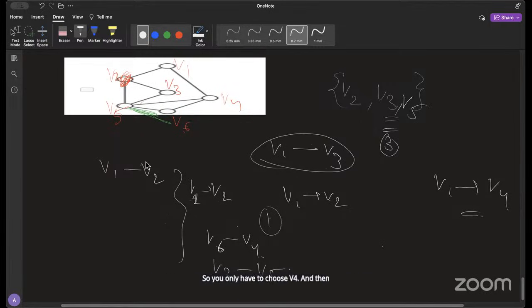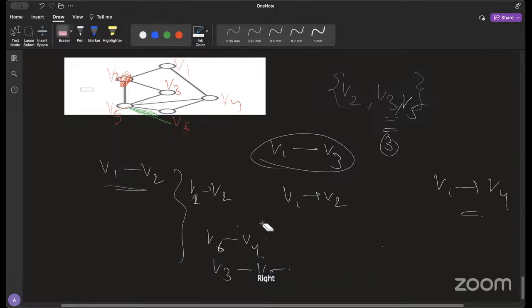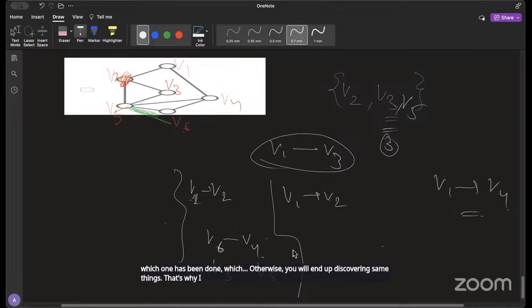And then for V3, if you've decided this, then the other two automatically get decided, right? There's no other choice. So, ma'am, we always fix one edge and calculate the others, right? To make things easier. Otherwise, you'll get confused about which one has been done, otherwise you'll end up discovering same things. That's why I'm trying to do it in a systematic order.